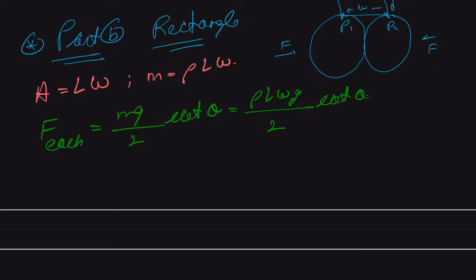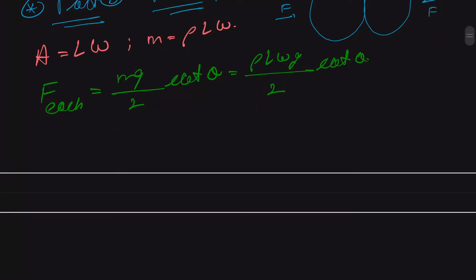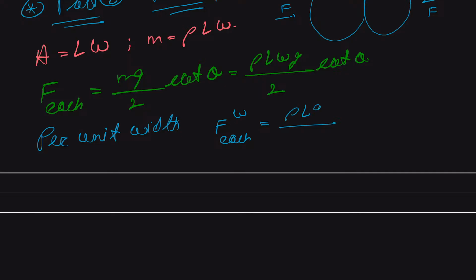Okay, so we were dealing with the rectangle, and we are going to find out per unit width. So for per unit width, we can write our F each, and this per unit width will be equal to rho L g upon 2, and this is cot of theta.